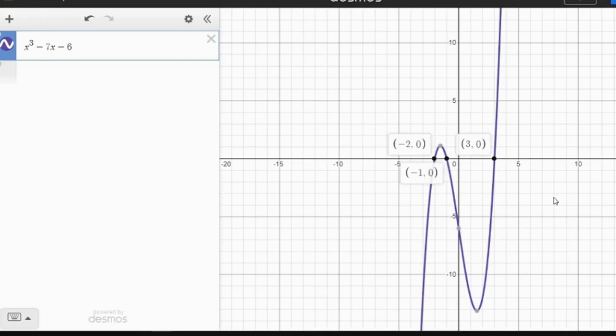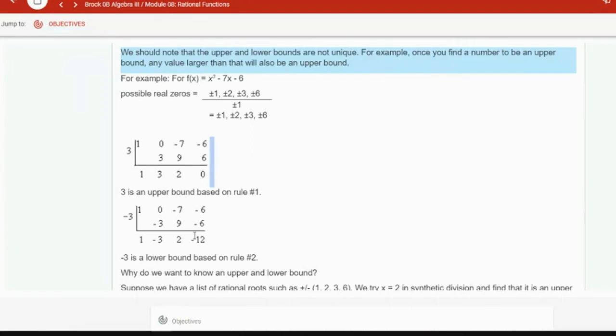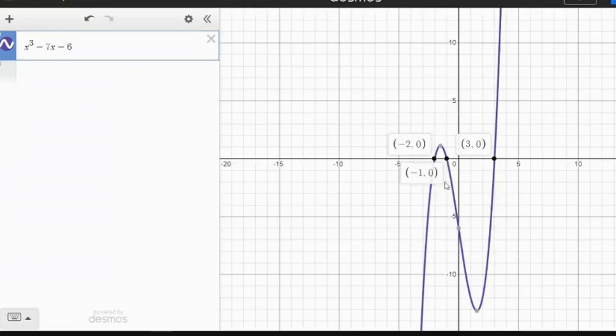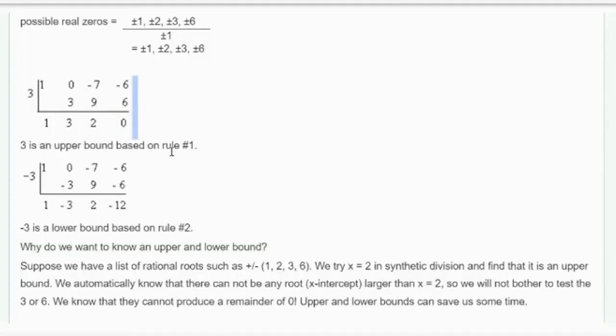Notice -3 was a lower bound, but it was not a solution. It didn't have a remainder of 0. But there's not going to be one smaller than that because it was positive, negative, positive, negative. So it turns out there are 3 solutions, and they are larger than -3 and do not go larger than +3. So again, little shortcuts to help you rule it down. They didn't have to check 8 numbers there, because 3 and negative 3 said, nope. It's got to be between 3 and negative 3.